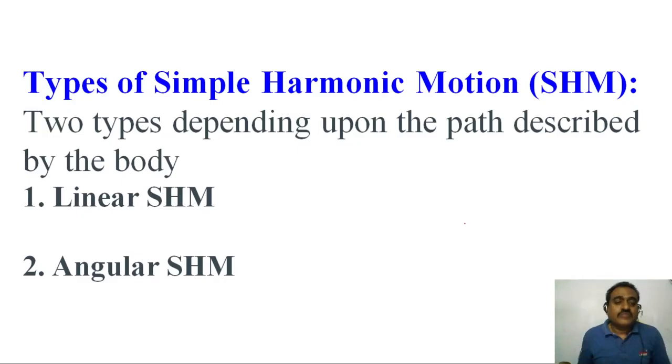Or along an angular path, where the body is moving around a fixed axis or fixed point, that is angular simple harmonic motion. So simple harmonic motion is divided into two types depending on path.